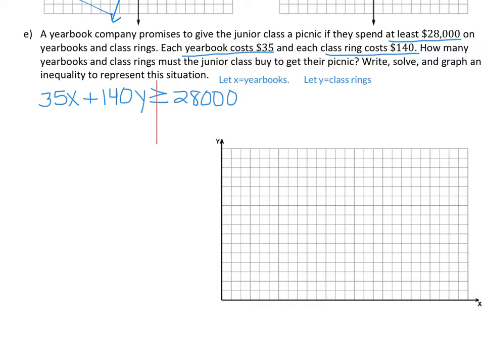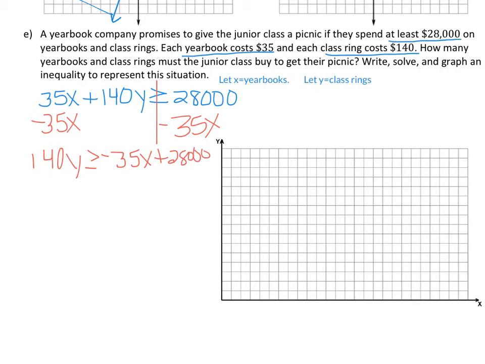I'm going to subtract 35x from both sides. So I have 140y is greater than or equal to, I'm going to put the x term first, negative 35x plus 28,000. Divide everything by 140. And I'm also going to put it in simplest form, so I'm going to use the fraction function on my calculator.